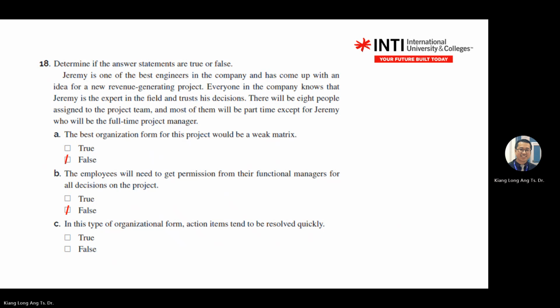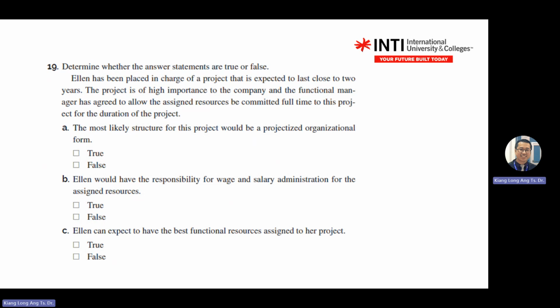Understand? This type of organization, the action items tend to be resolved quickly. True lah. Okay. Second scenario. Elaine is placed in charge of a project that is expected to last close to 2 years. So we have either short-term or long-term projects.